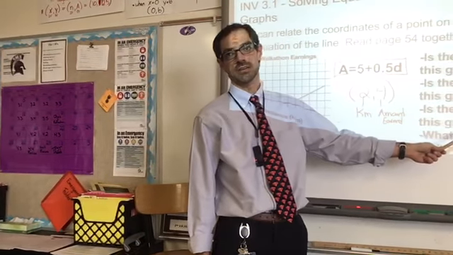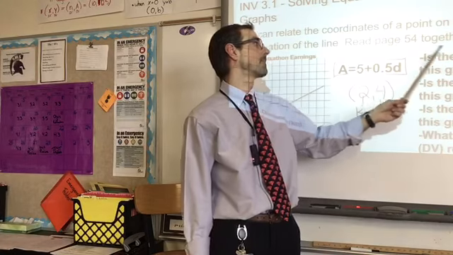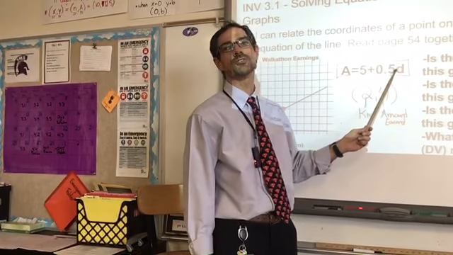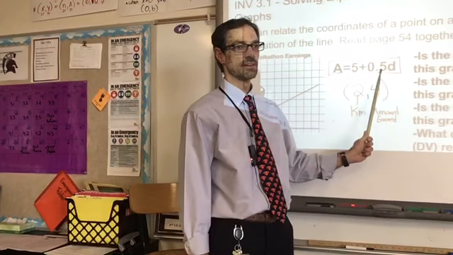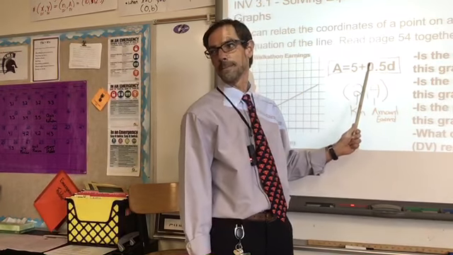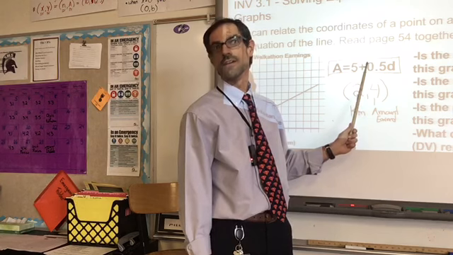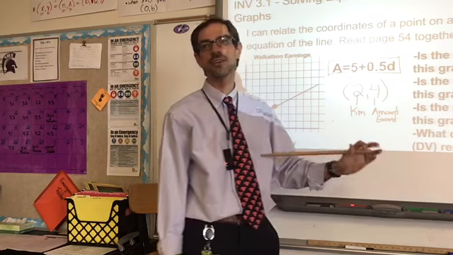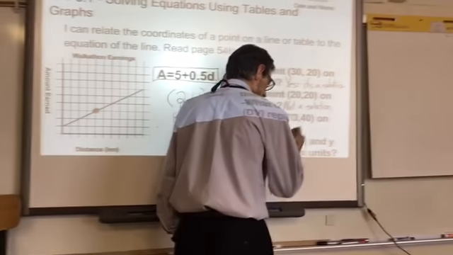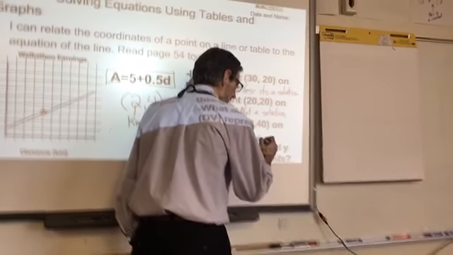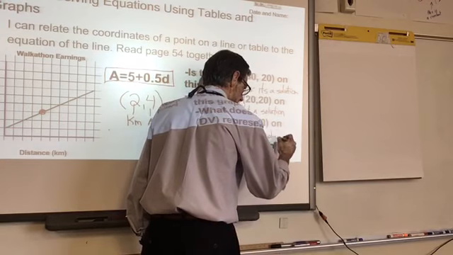What would I do to 70? Put it into D. What's 0.5 times 70? 35. 35 plus 5? 40. So yes, it's a solution.